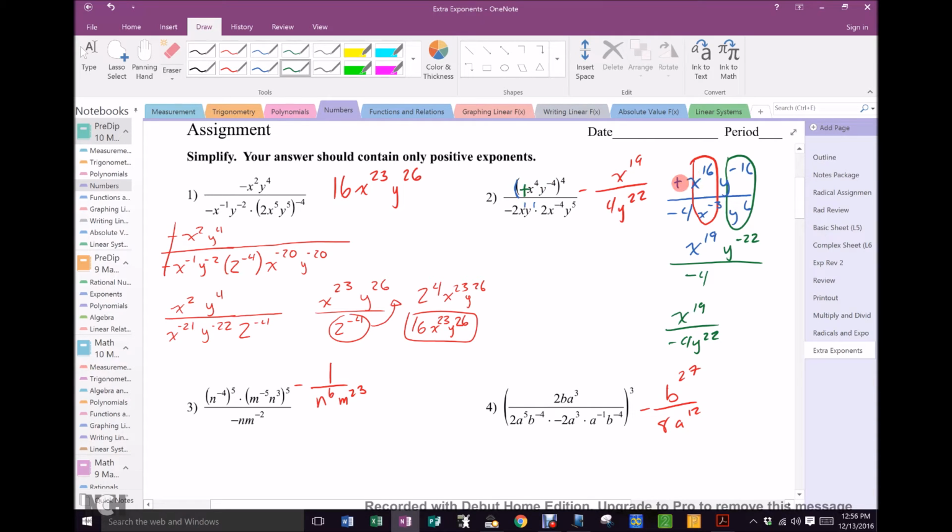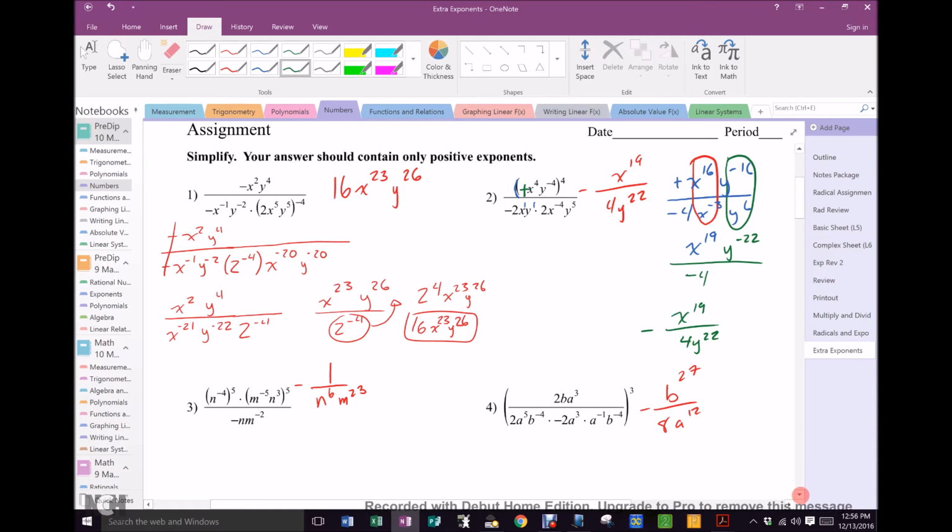Now I've got a positive on top and a negative on the bottom, so the whole thing has to stay negative. So I can either leave a negative there, or I can have it out in front of everything. They're the exact same. Everybody okay?